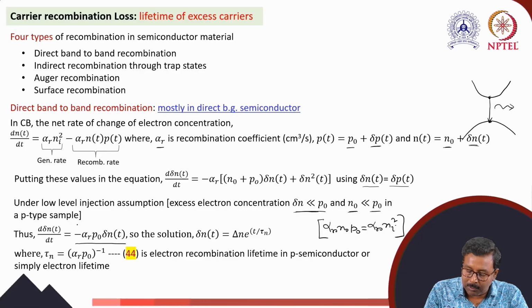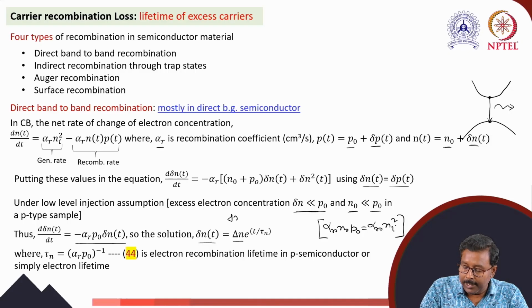And if you solve this differential equation, its solution gives you delta n with time as some initial value delta n(0) times e to the power minus t by tau_n. It is minus actually. That means after generation it gradually decreases with time.